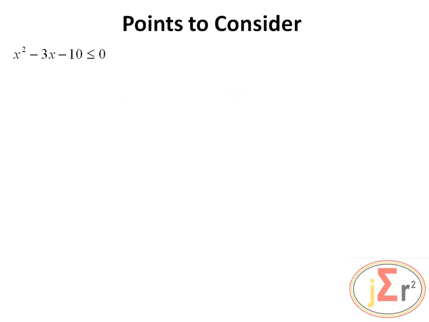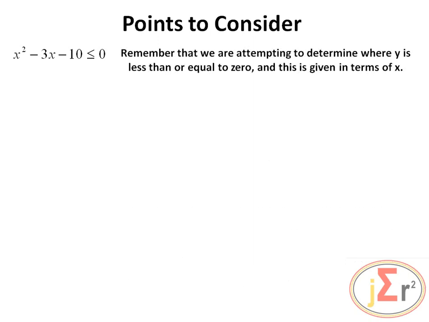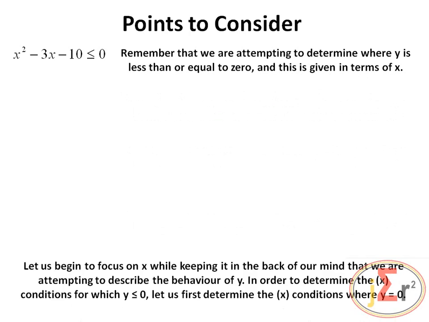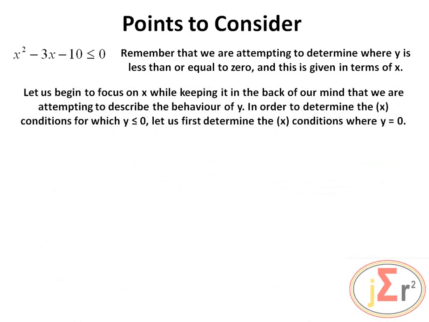So we have some points to consider, and we are continuing with them. Remember that we are attempting to determine where y is less than or equal to 0. And this is given in terms of x. Let us begin to focus on x, while keeping in the back of our minds that we are attempting to describe the behavior of y.